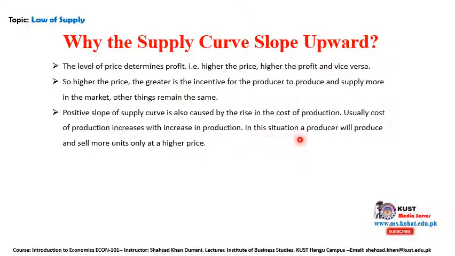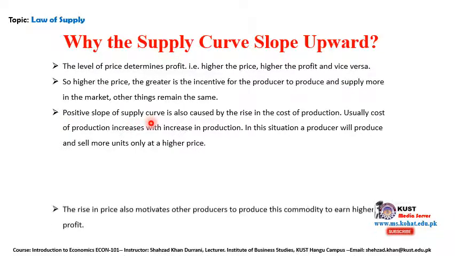In this situation, a producer will produce and sell more units only at a higher price. For example, if there is an increase in production, it causes a rise in the cost of production, so he will increase the price, and this causes the positive slope of the supply curve.